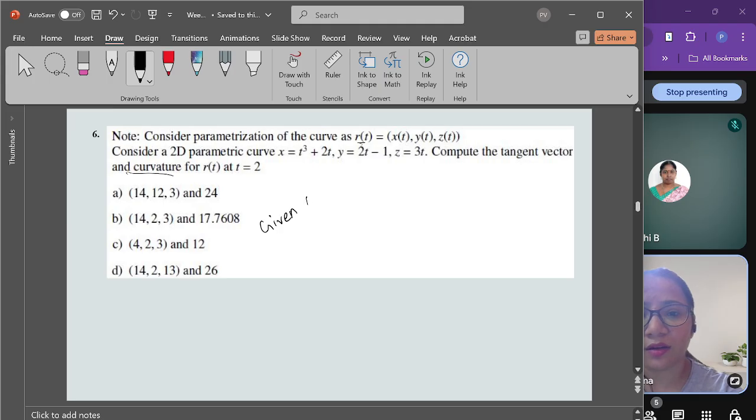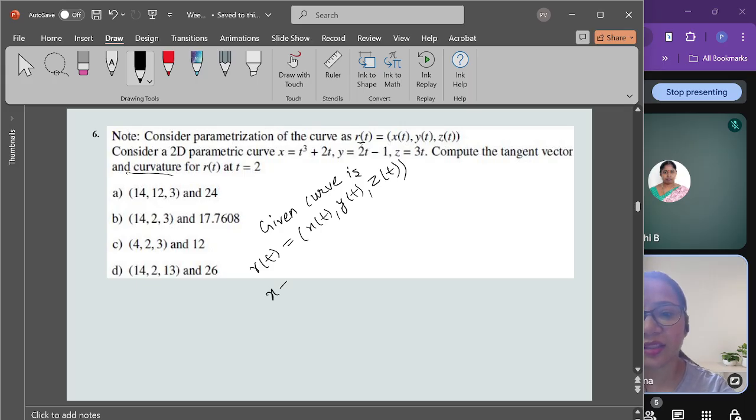So the given curve is r(t) equal to x(t), y(t) and z(t). Here x is t cube plus 2t, y is 2t minus 1 and z is 3t.